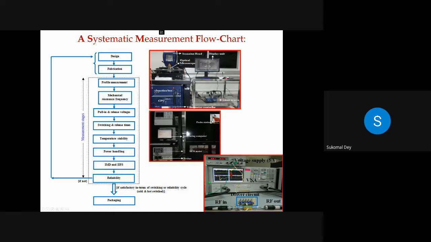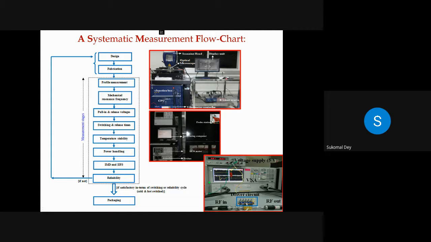Then the next one is the LCR meter, where you can see your actuation voltage and release voltage. And the bottom figure is very well known to you, where you are measuring the S parameters through a vector network analyzer. These are the different images of some of the measuring equipment.